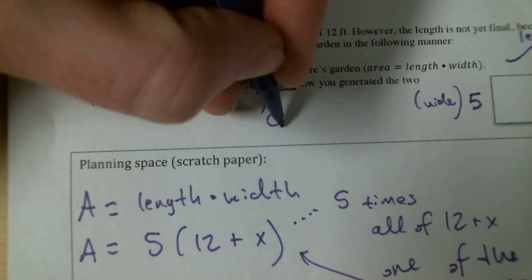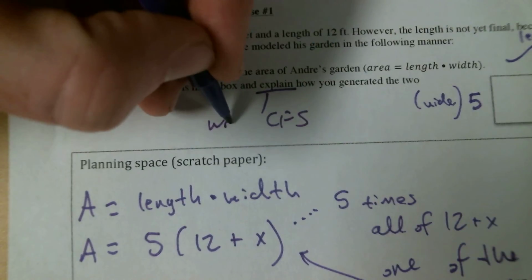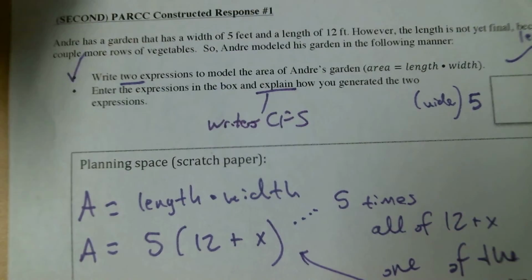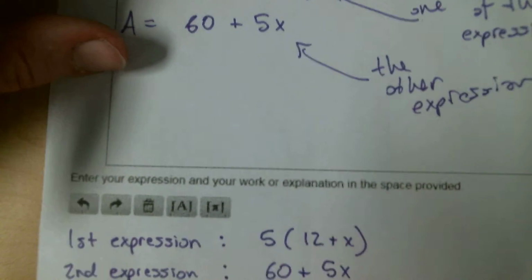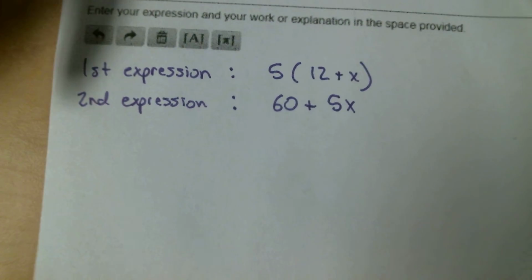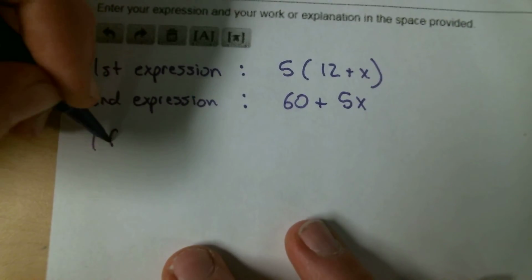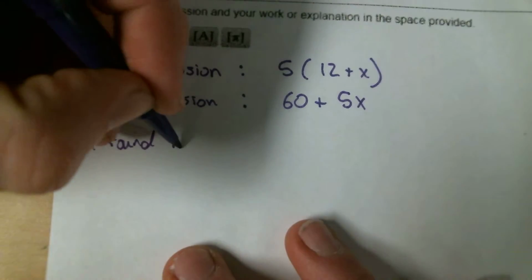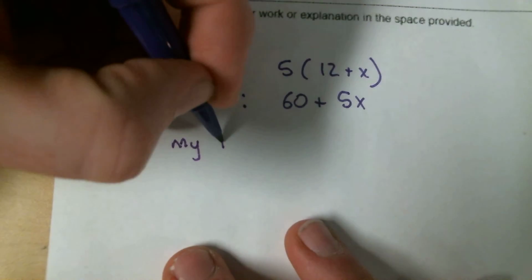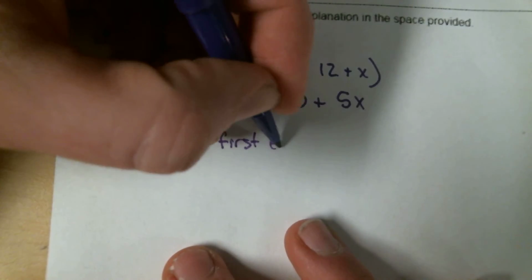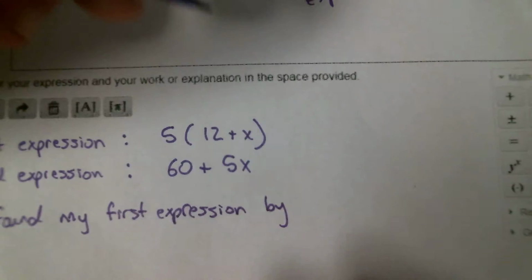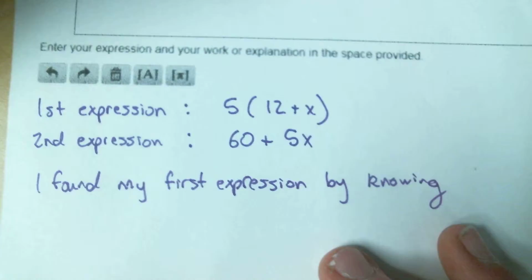Remember, the math writer's CFS needs to be used anytime you see the words explain how you generated the two expressions. So the first expression I found by knowing, well, how did we know to make it multiplication? That's because we knew length times width.